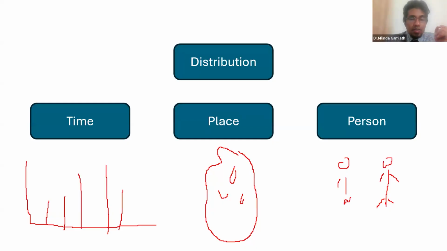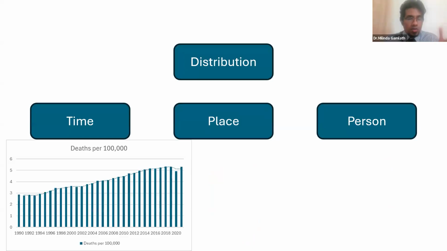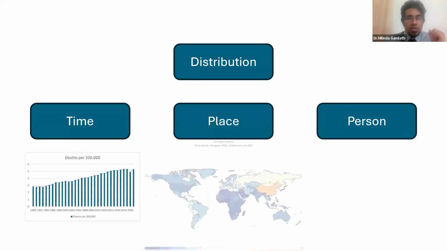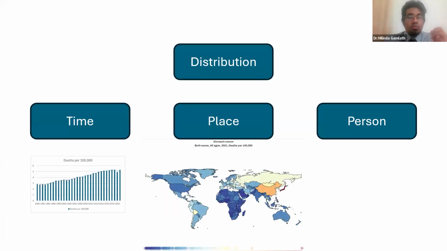So these are similar graphs. This is a graph which shows the distribution of deaths caused by what I think is stomach cancer, gastric cancer, over the past decade or so. So this shows the distribution, a graphical representation of the distribution of that disease over time. And this shows the distribution of gastric cancer over different countries.